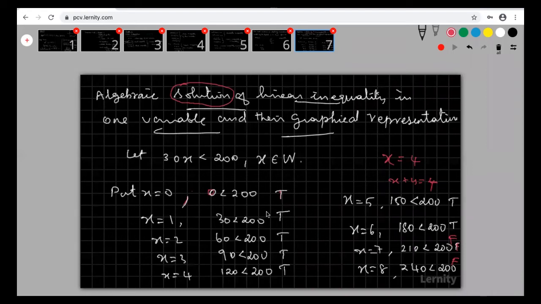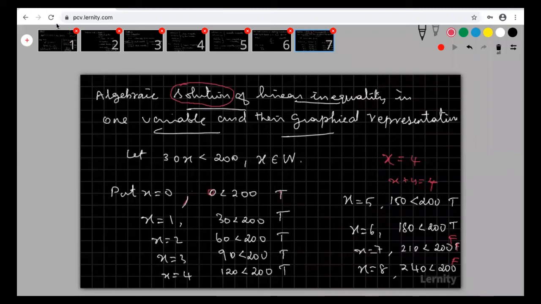Please try to understand. So here in this inequality, x is equal to 0, 1, 2, 3, 4, 5, 6 makes the given statement true. What are the values of x that make this inequality true? Those values are called my solution of the inequality.